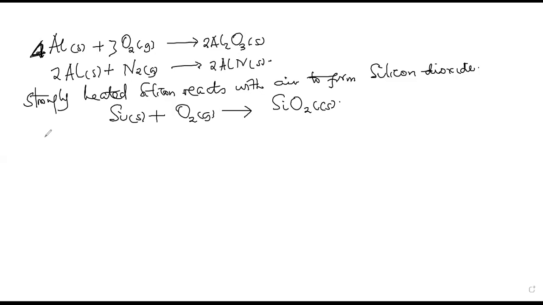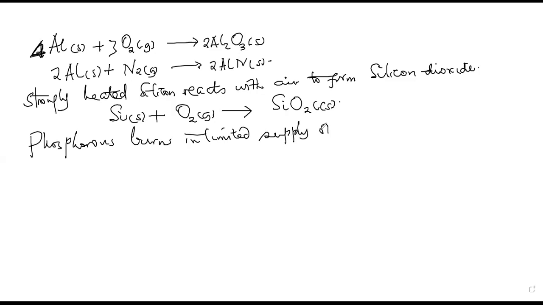When phosphorus burns in a limited supply of air, let me say oxygen, it forms phosphorus(III) oxide.